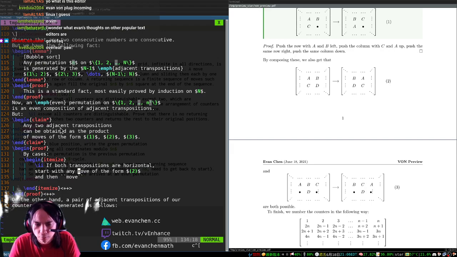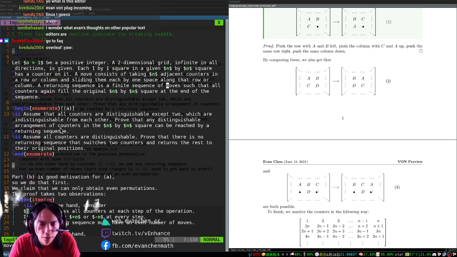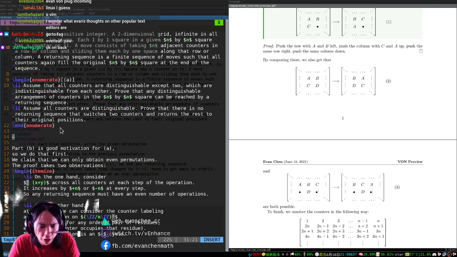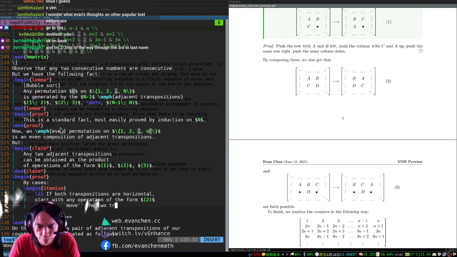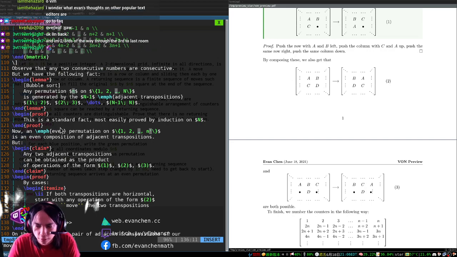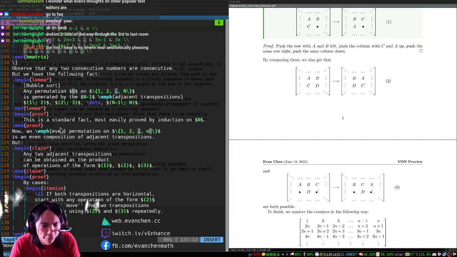Well, I'm going to replace move with operation everywhere, because I'm also talking about moving counters, and then move two transpositions in place by using 2 and 3 repeatedly. Same for 2 vertical.